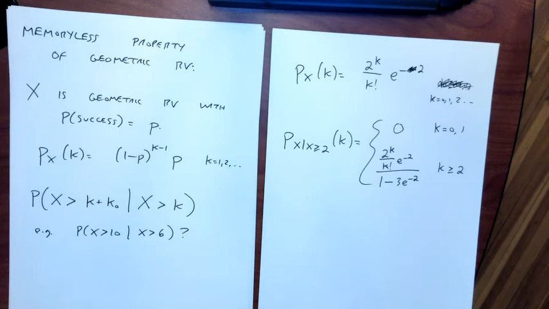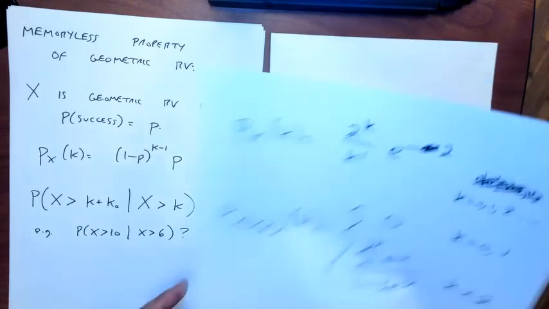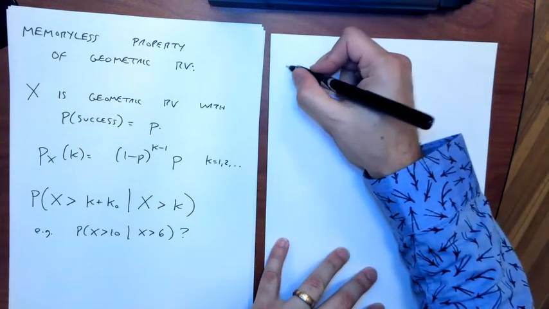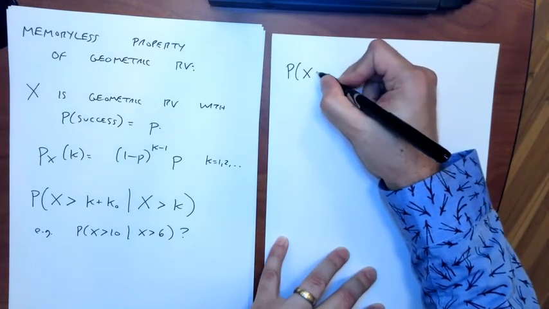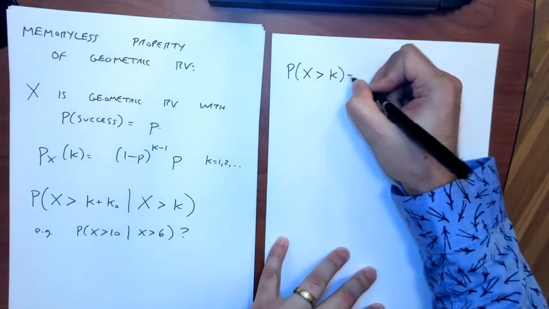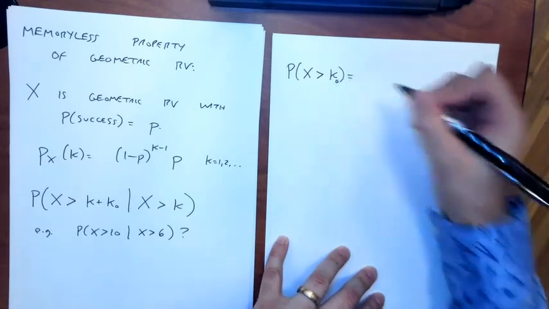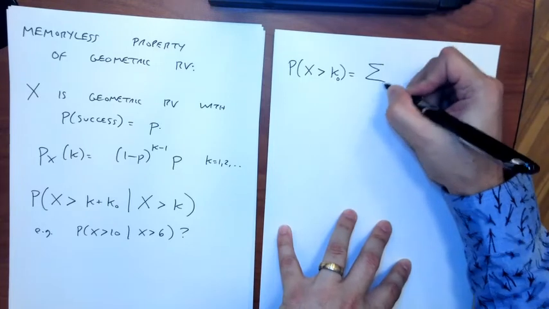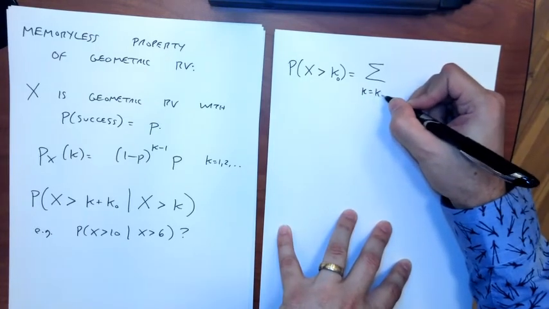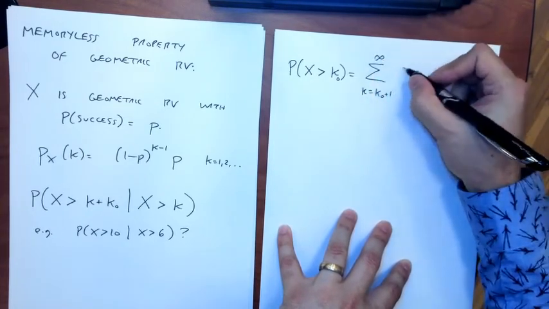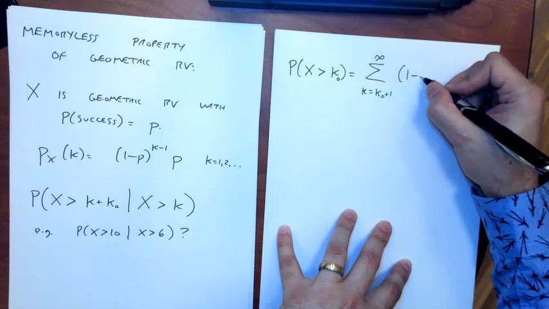Well, I can compute the probability that X is greater than some value, greater than k0. It's the sum from k equals k0 plus 1 to infinity of this PMF.